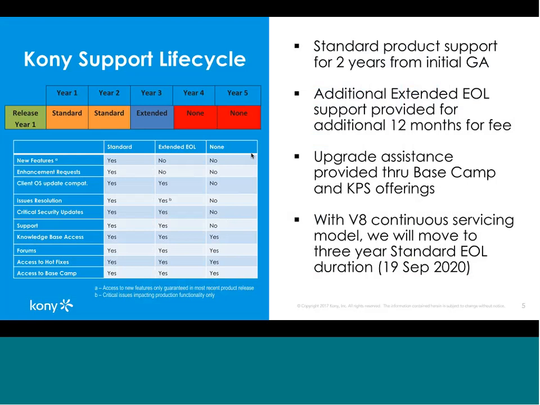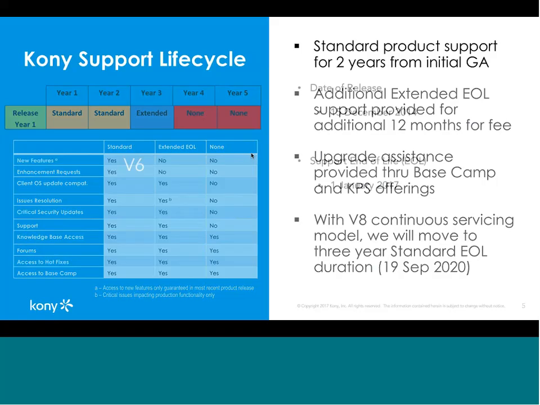Once this 12-month period is over, you receive community support through Basecamp, which is our go-to place for all things Kony. With V8, we introduced a continuous servicing model where we will move to a 3-year standard EOL duration. And we'll talk a little bit about the scope of what the extended EOL support is in a minute.